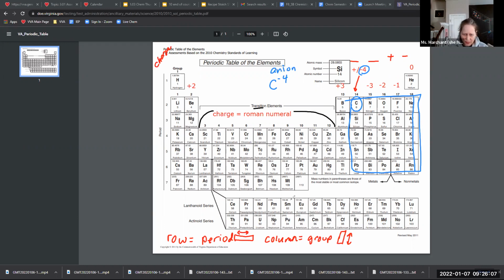Then I'm going to find somebody with my first name. Okay, here's manganese, Mn, right? When you have the Roman numeral charge, obviously when I'm having you pick these elements, if you pick a Roman numeral, you get to pick a charge.